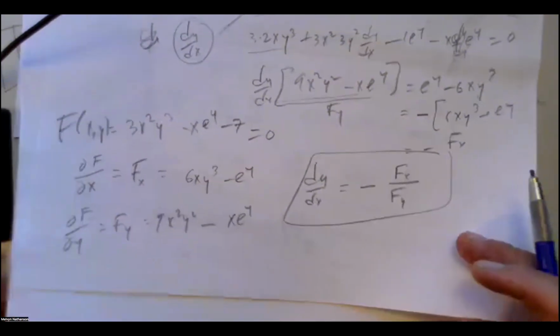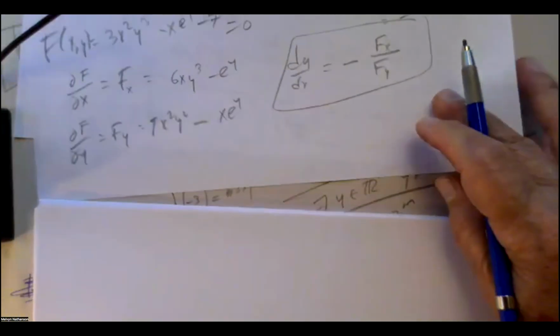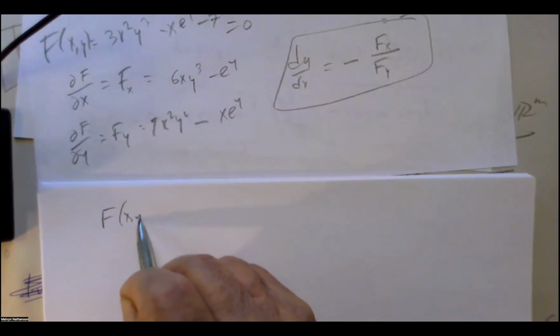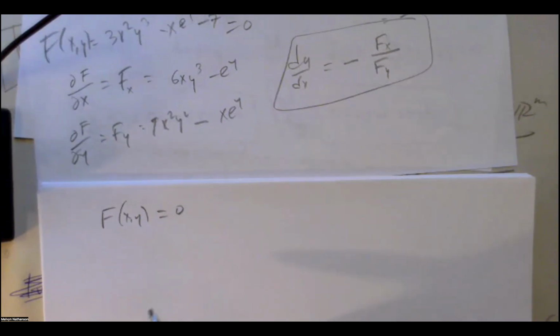And we can justify or explain that a little bit more as follows. Suppose we have a function f of x, y equal to 0. So this function is identically equal to 0, so all of its derivatives are 0.